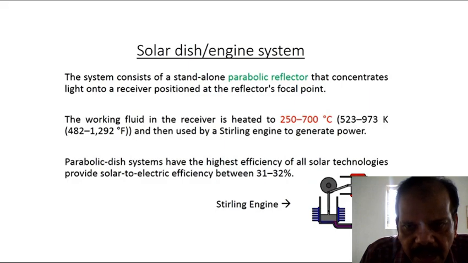Normally Stirling engines are used in this type of system for generating power. Either the engines can be installed at the focal point, or some water storage or working fluid medium can also be stored at the focal point to receive the heat energy.